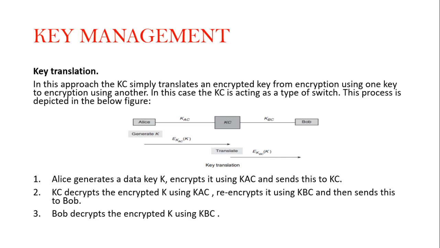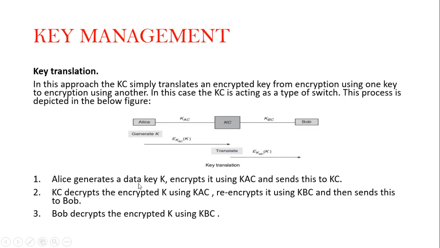So both Alice as well as Bob should share their keys with the key center. In this approach, KC translates an encrypted key from encryption using one key to encryption using another. In this case, the KC is acting as a type of switch. This process is depicted in the figure below.